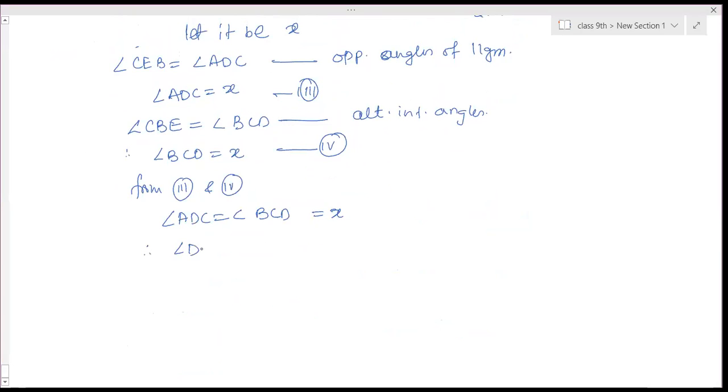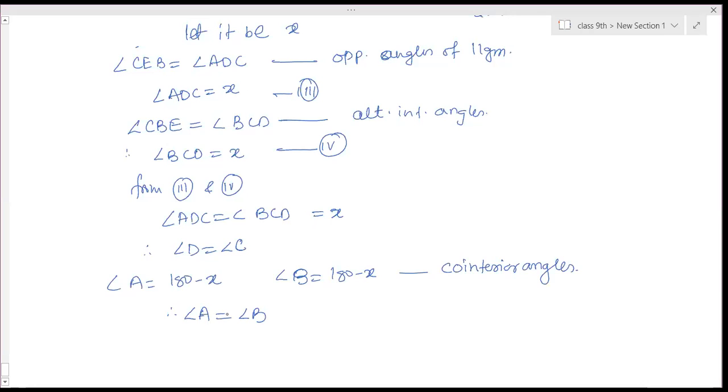So angle D is equal to angle C. Angle A is equal to 180 minus x. Angle B is also equal to 180 minus x, co-interior angles. Therefore angle A is equal to angle B. Proved.